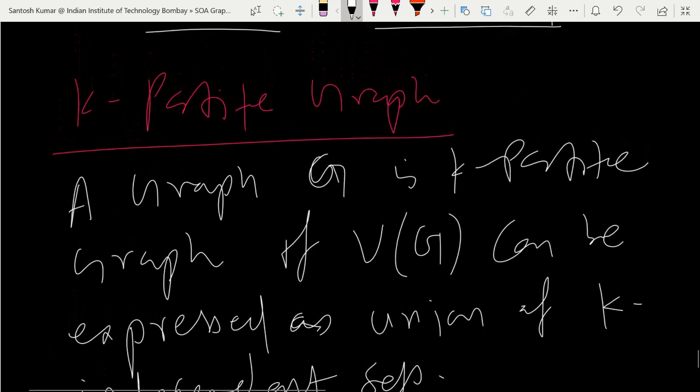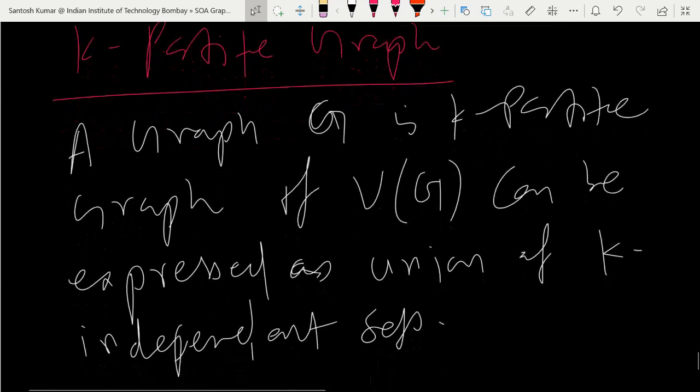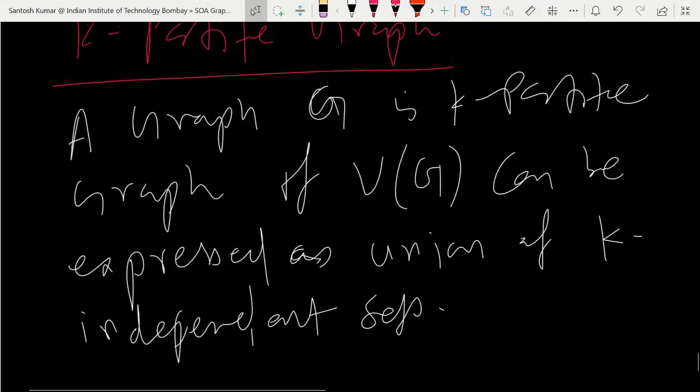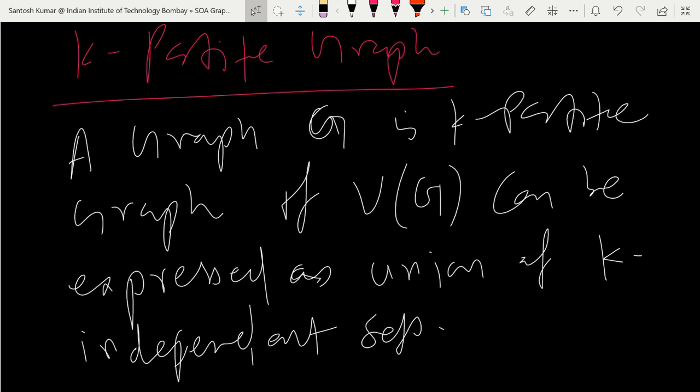Like this. You can think of some example like a three-partite graph, the union of three independent sets, if you can write it like this.